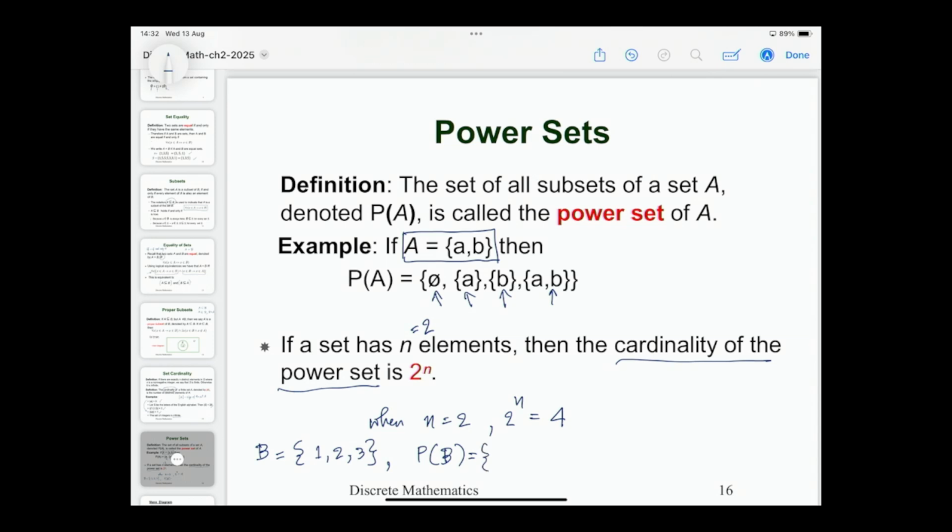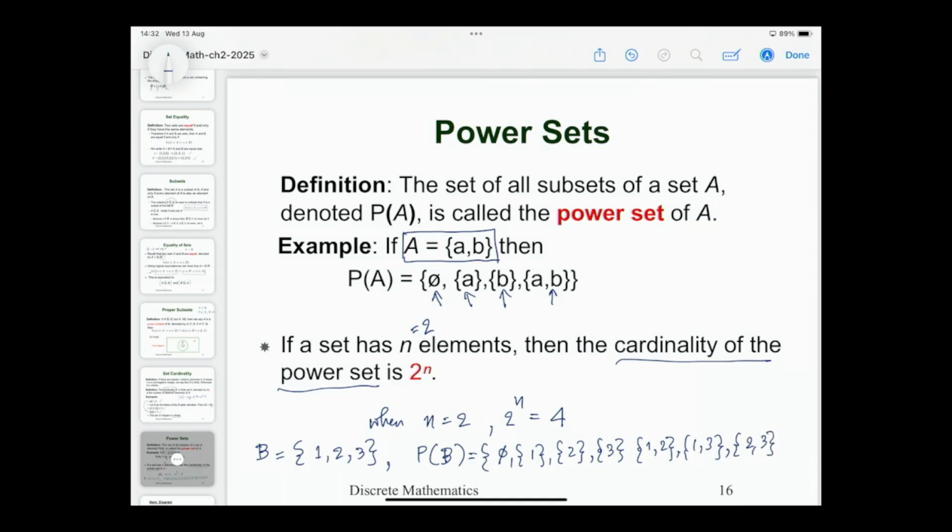That would be, we just list all out, right? The empty set, 1, 2, 3, and then 2 of the members: 1, 2, 1, 3, 2, 3.